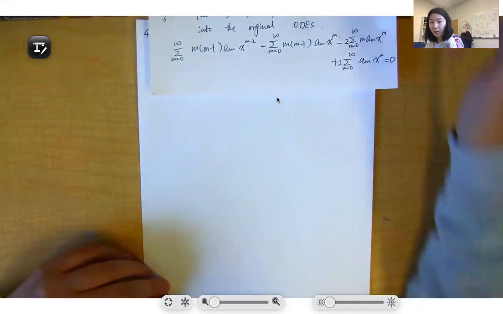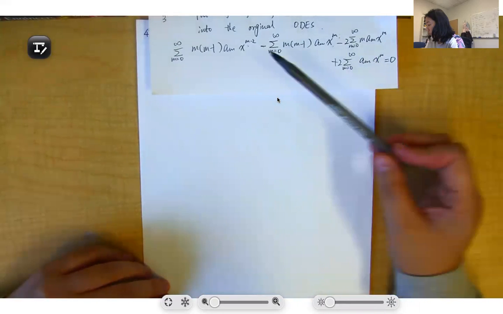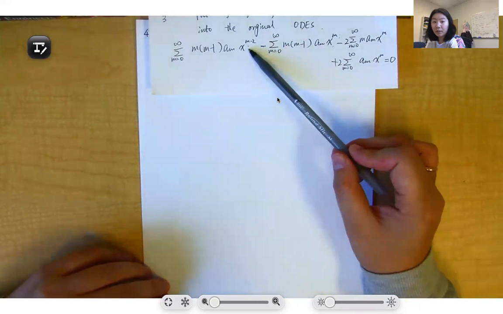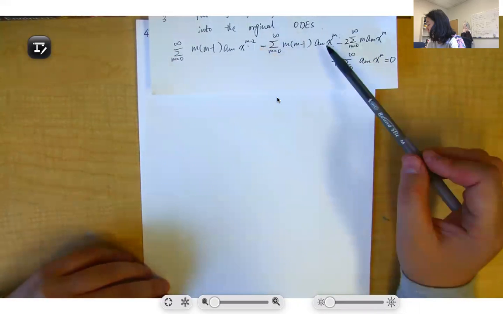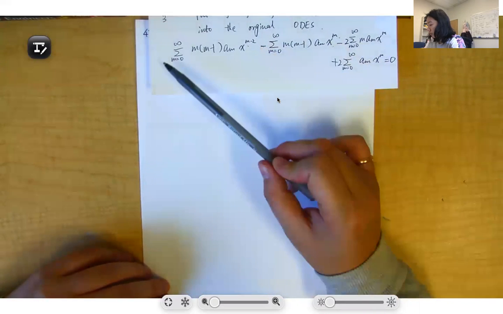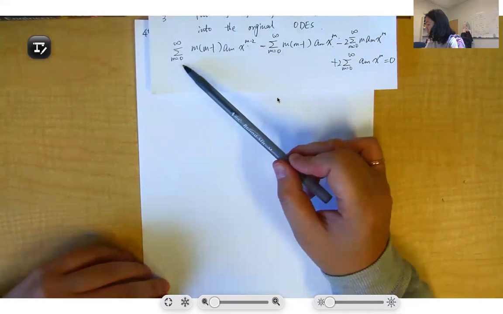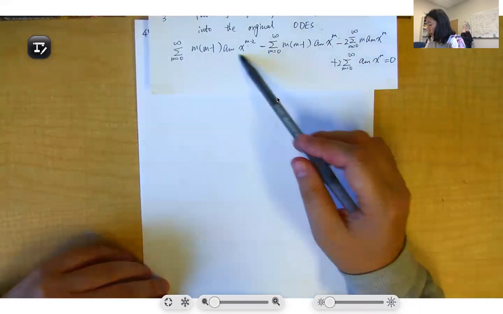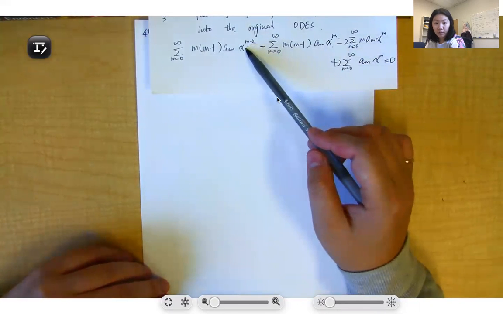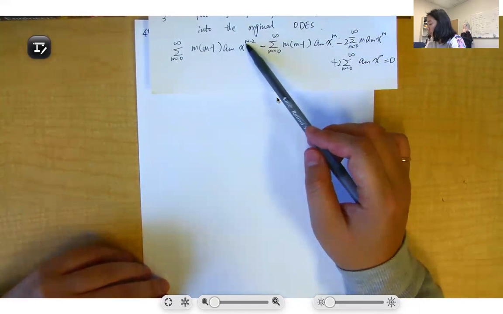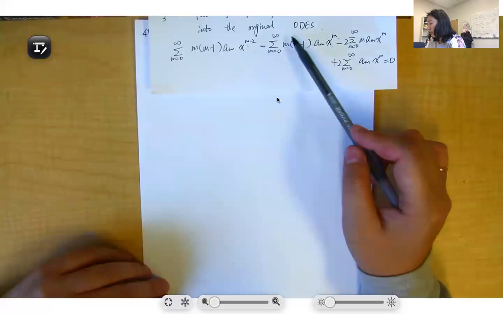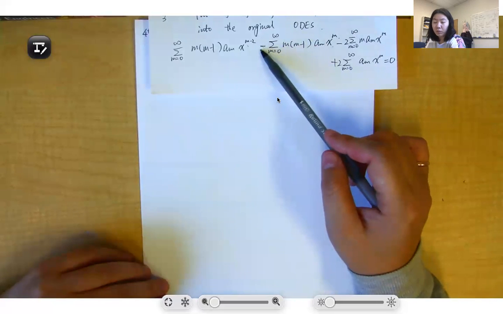We have the term x to the m minus 2. We have x to the m. And right now we all begin with m equals to 0. So we need to do something for the first term in order to shift that x to the m minus 2 to the x to the m term.